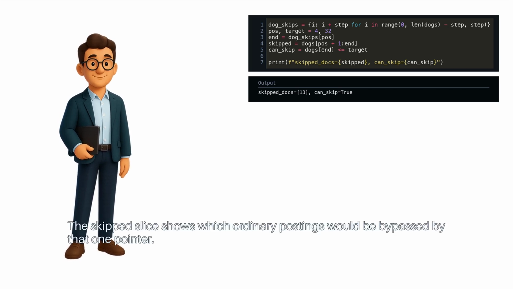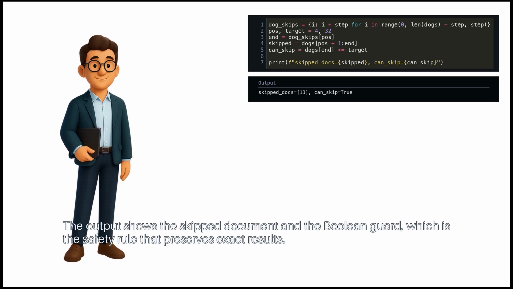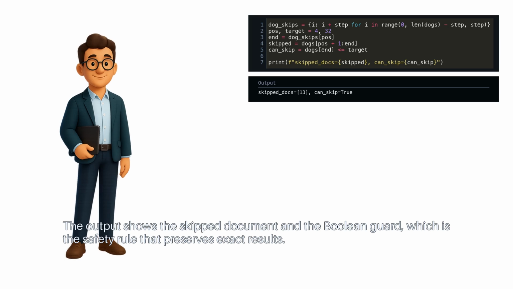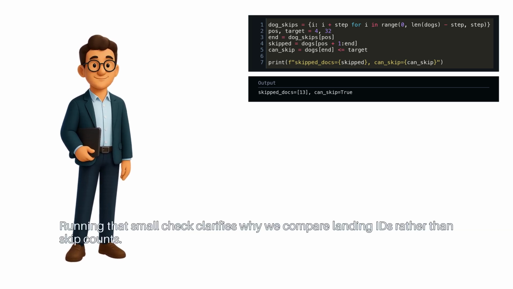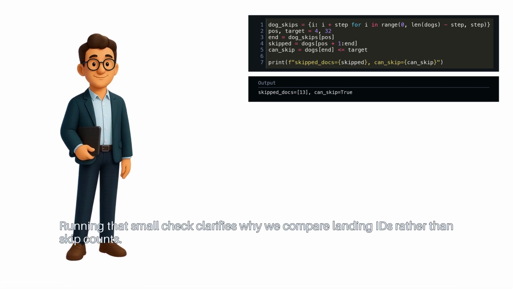The skipped slice shows which ordinary postings would be bypassed by that one pointer. The output shows the skipped document and the Boolean guard, which is the safety rule that preserves exact results. Running that small check clarifies why we compare landing IDs rather than skip counts.